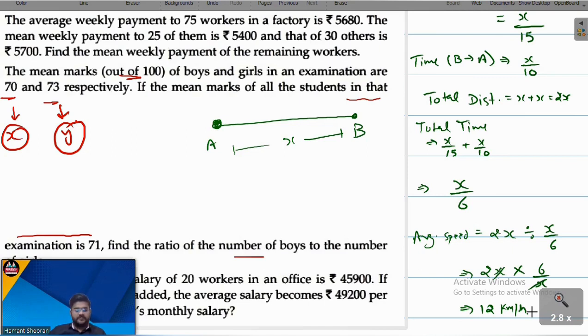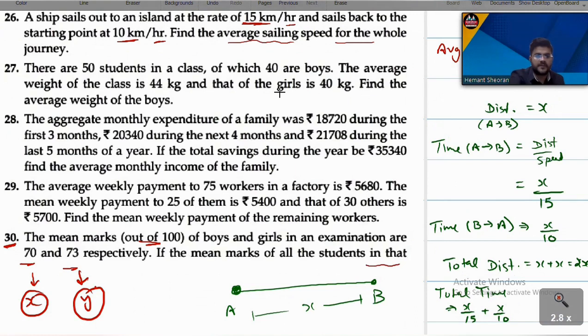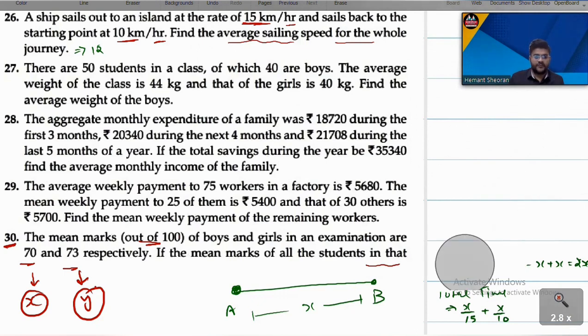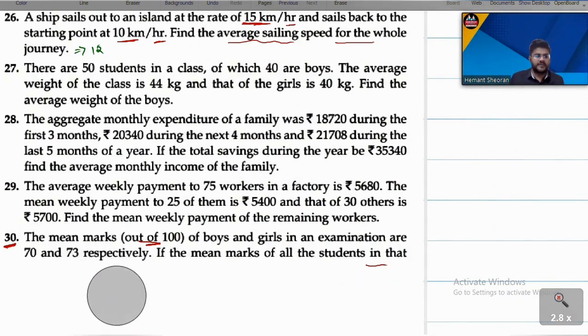You tell me when you're done. Okay, then. So we are done with question number 26. What answer were we having? We got the answer as 12. Okay, then if we talk about 27, what answer are you having? 45 is perfect. 45 kg is the correct answer for that one.